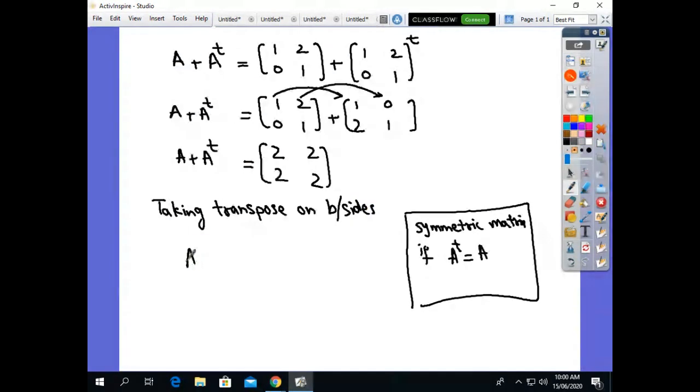We get (A plus A transpose) whole transpose is equal to [2, 2; 2, 2] transpose.